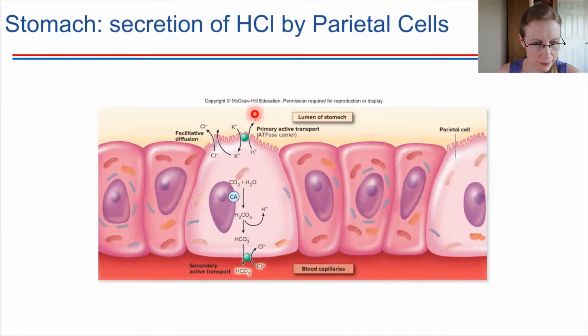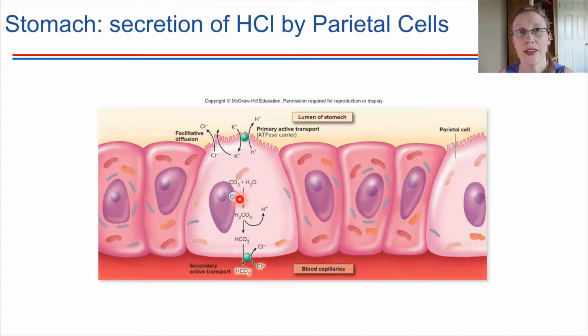So where do these protons come from? Let's come inside of the cell here and look at what's going on right here in the middle. So all cells produce carbon dioxide. That's just a byproduct of cellular metabolism, cellular respiration. So what happens here is the carbon dioxide that is produced combines with water, which is present in all cells, and there's an enzyme here that facilitates this combination.